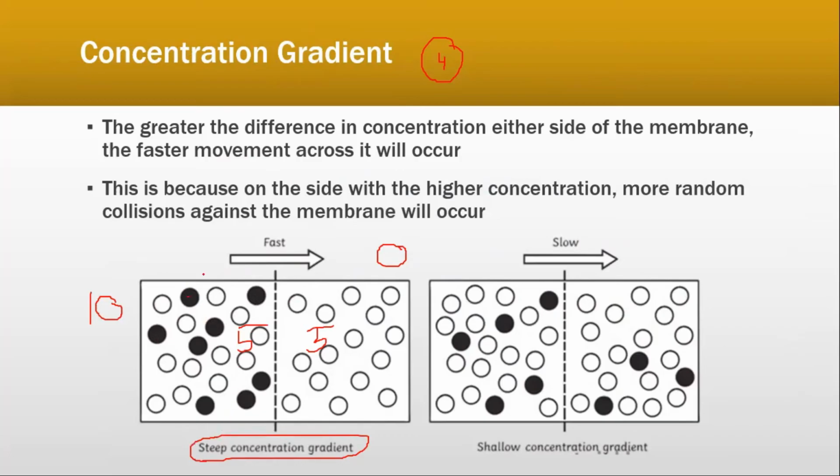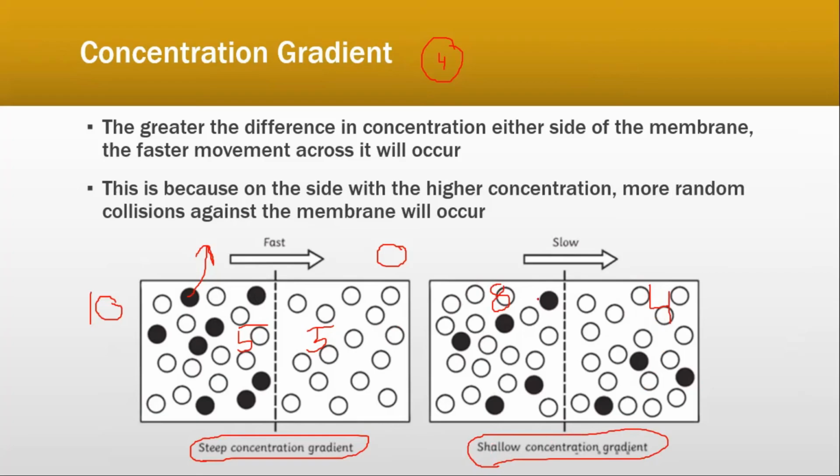Why? Because all these black molecules you see will move in less time, quickly, from the higher concentration to the lower concentration. But in the case of a shallow or lower concentration gradient, for example 8 over here and 4 over here, in order to equalize them to 6 and 6, it would take more time and there would be a slower rate of diffusion.